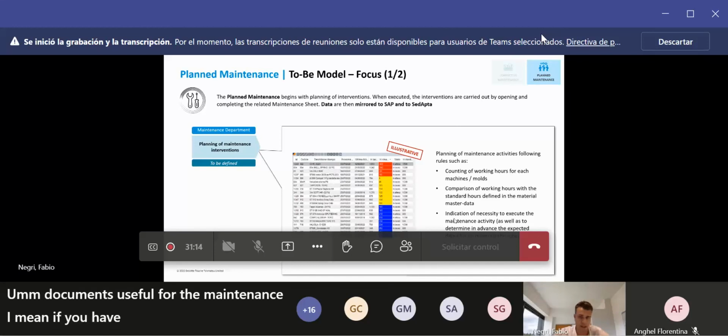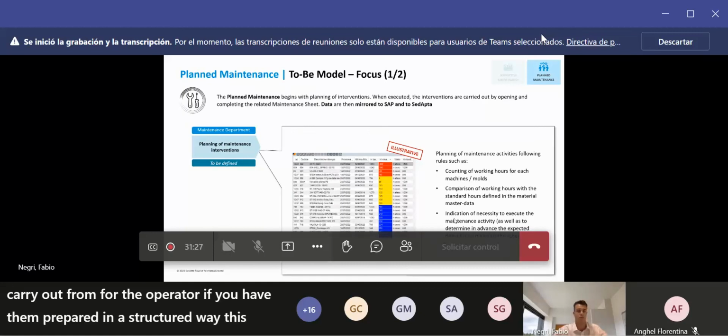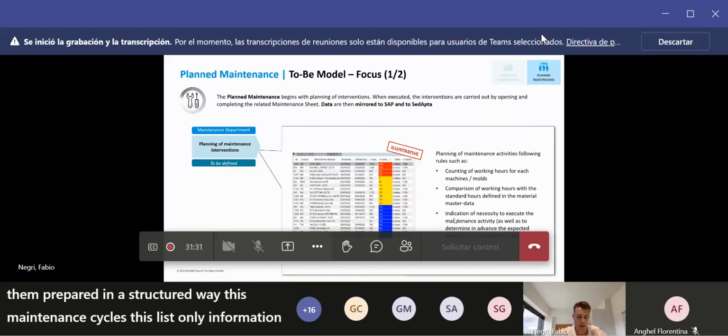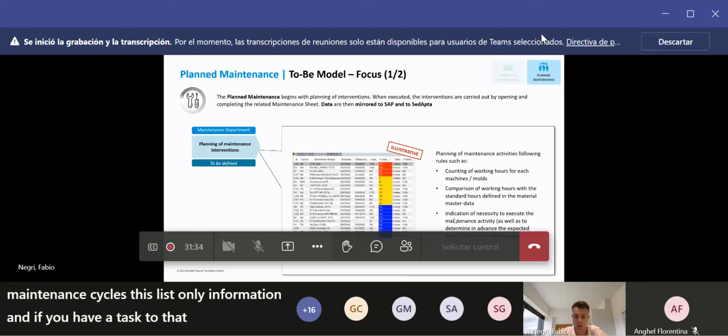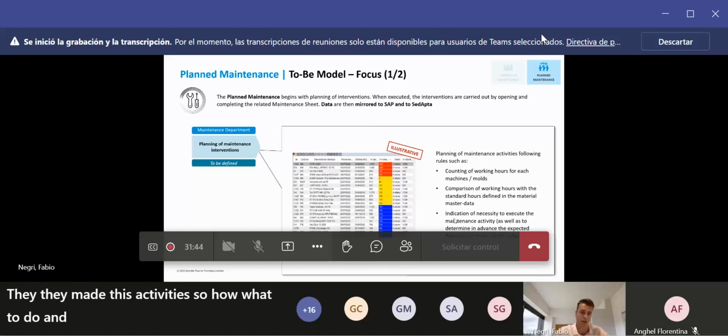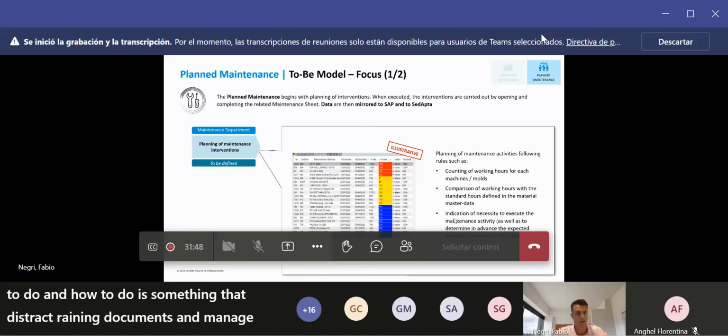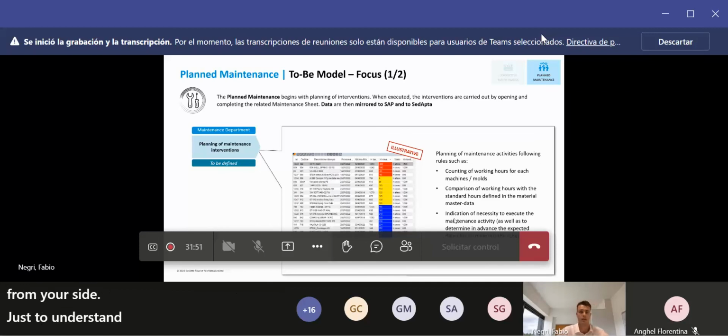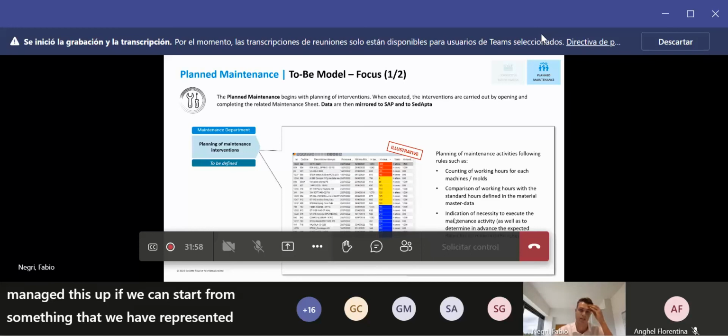If you have defined cycles for maintenance, so the list of instructions for the operator to carry out, if you have these maintenance cycles and this list of information prepared in a structured way, and if you have attached to that the documentation of how to perform the maintenance activities, so what to do and how to do it, structured in documents and managed from your side, just to understand whether they have to be managed in SAP, we can start from something that you have represented nowadays in a structured way.